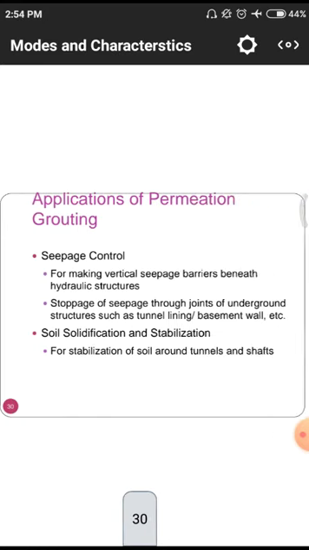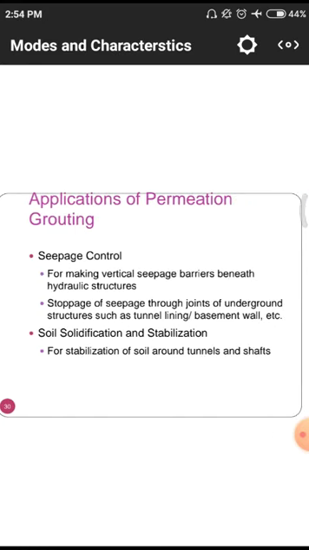After that, we have the applications of permeation grouting. First one, the major purpose of utilizing permeation grouting is to control the seepage. Normally, seepage means water flowing from one land to another due to the presence of voids. So whenever we have voids, we have to go to the site and control these voids by using ground improvement techniques like permeation grouting.